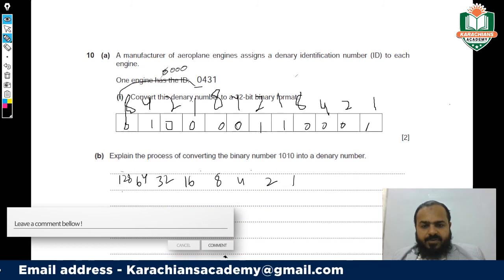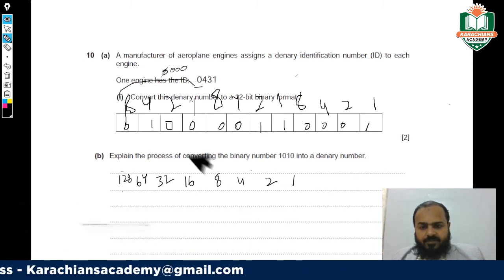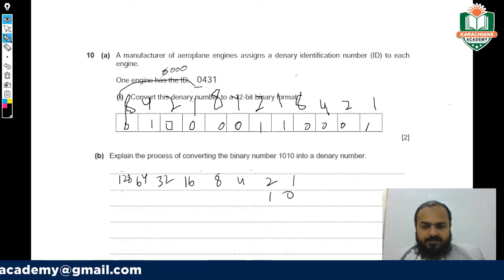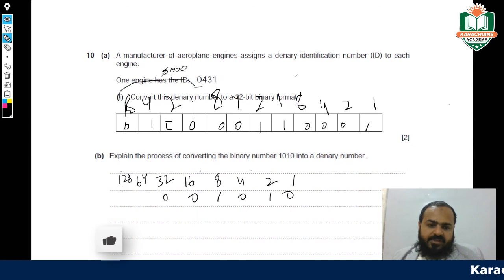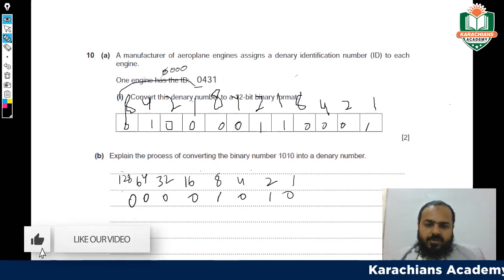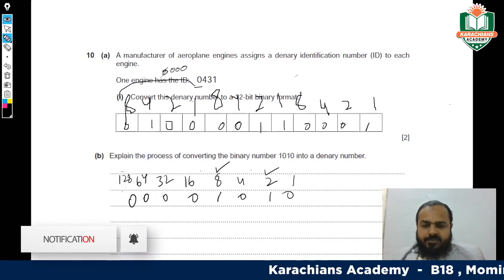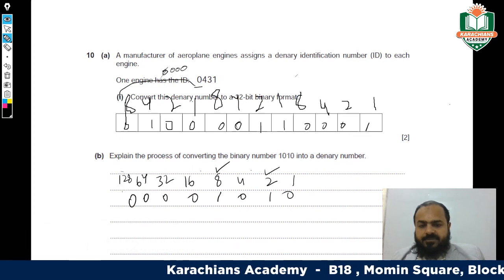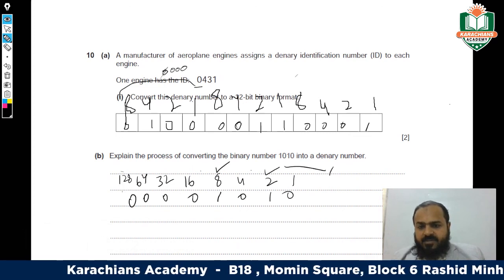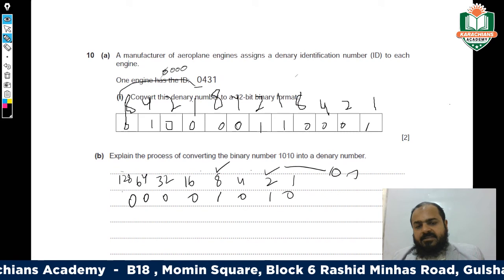So we put 1 0 1 0, and the rest of them are 0. So only two numbers are on, 8 and 2. So 8 plus 2 will become 10, which is the right answer for this.